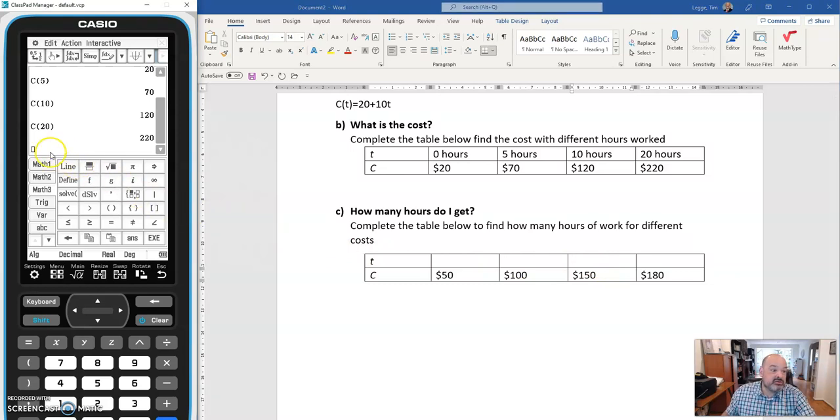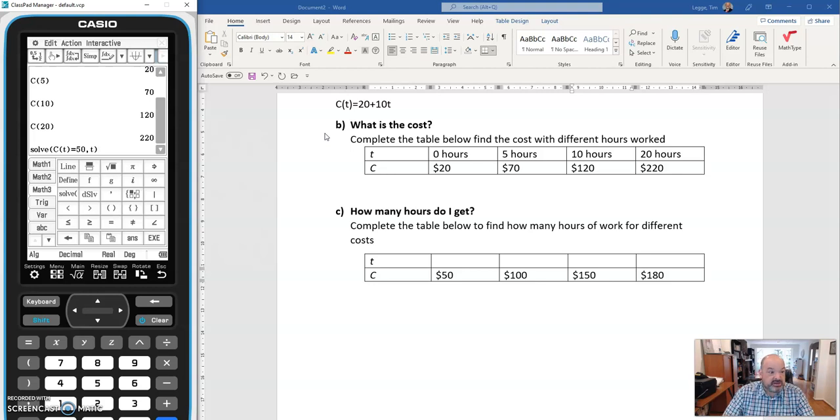So let's use the solve function, just like we've been doing. We're going to solve C of t, that's our function, equals 50, and we want to know what t equals.